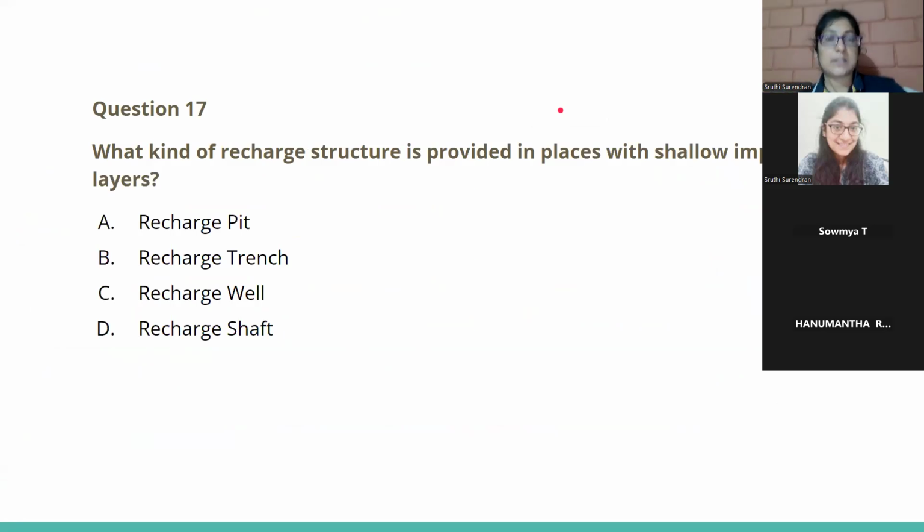Now, what kind of a recharge structure is provided in places with shallow impervious layers? We had looked into two recharge structures, recharge trench and recharge pits and shafts. And what is the condition that is required for the structure to be constructed?